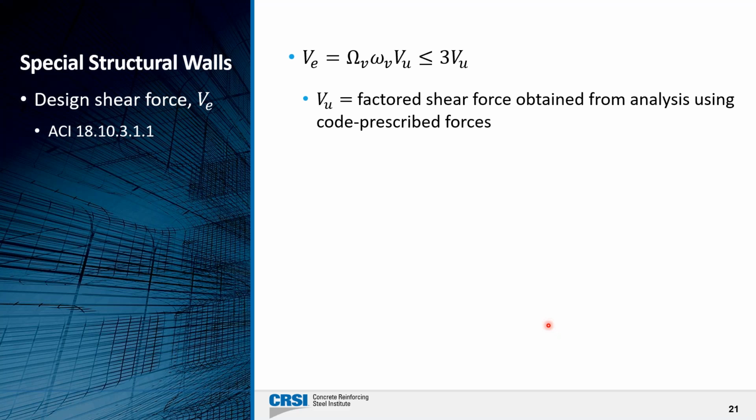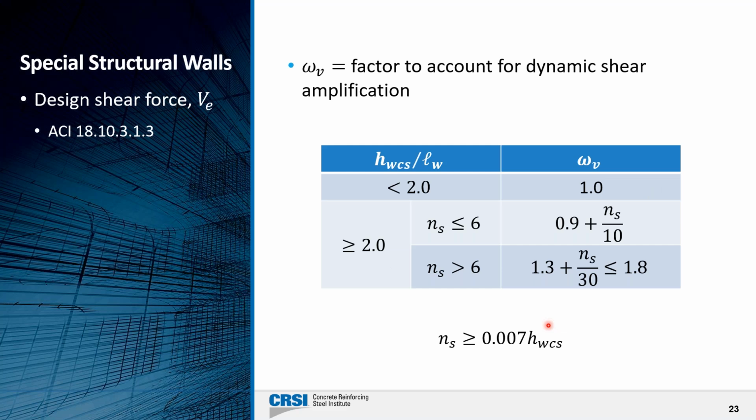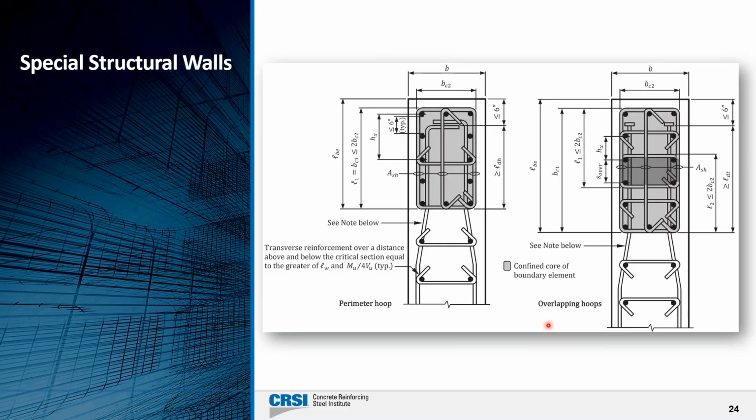So if you start out with 3 V sub U, you know you're going to have a really good wall design based on the new provisions. That's something I came across by working quite a number of these different situations. So that would be my recommendation to you in this case.